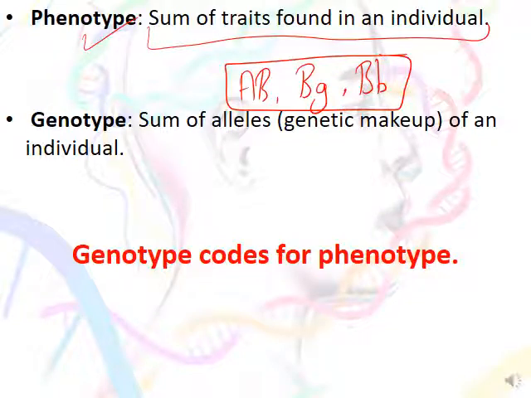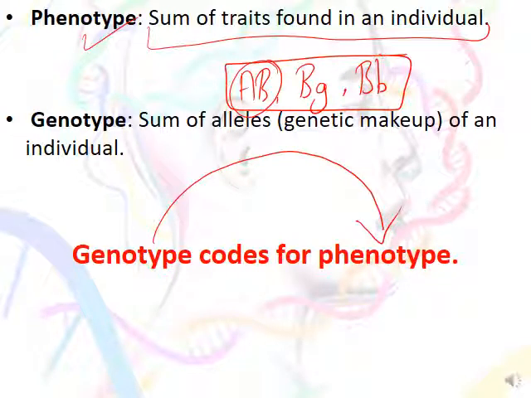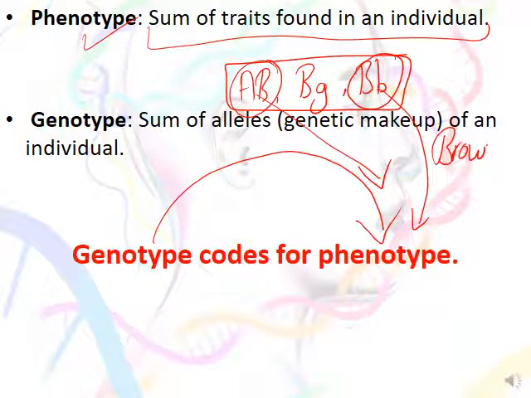Always the genotype will code for the phenotype. For example, if we have AB, AB is the genotype. It will code then for the phenotype. What do you have? Blood group AB. And here, the case in the question before, B capital B small, brown and blue. This will code for the phenotype. It's going to be brown, since the brown is dominant.